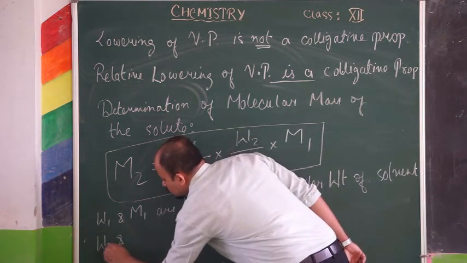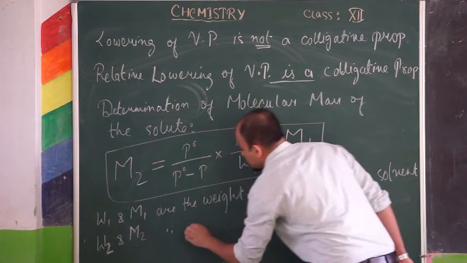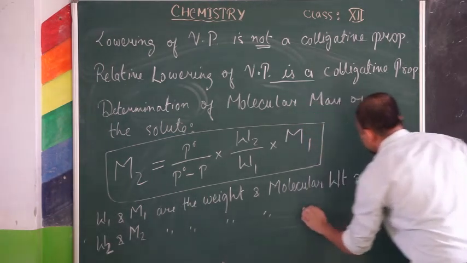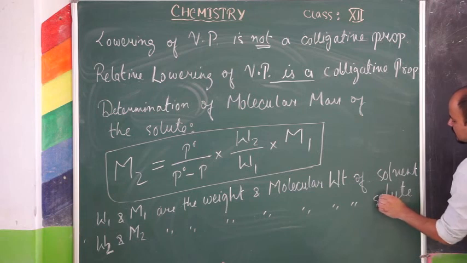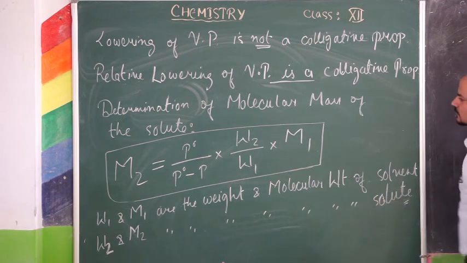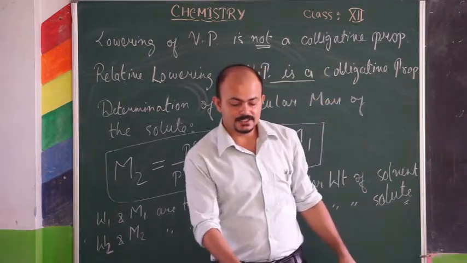And W2 and M2 are the weight and molecular weight of the solid. This part we have to remember properly. So from here the numerical will be asked. So this is the end of today's class. Thank you.